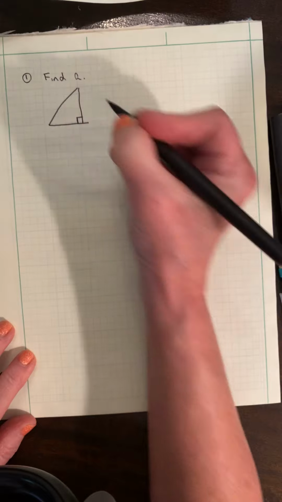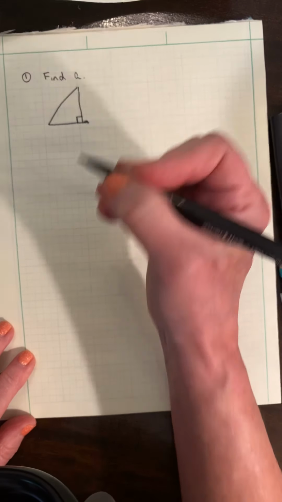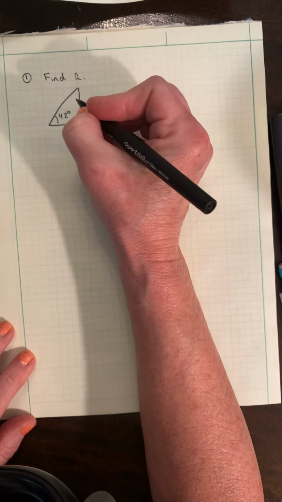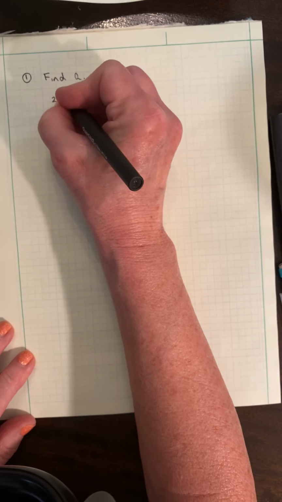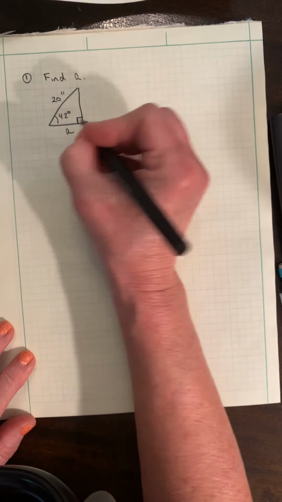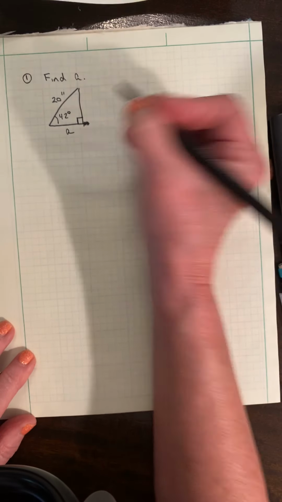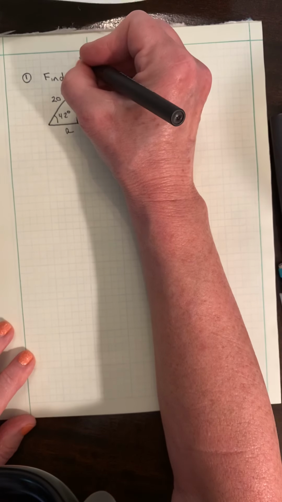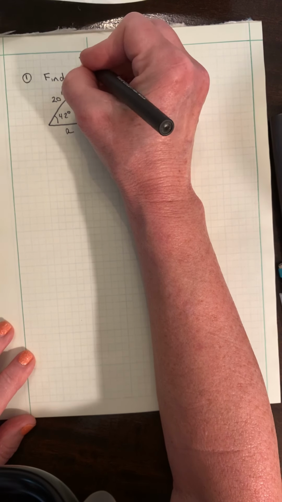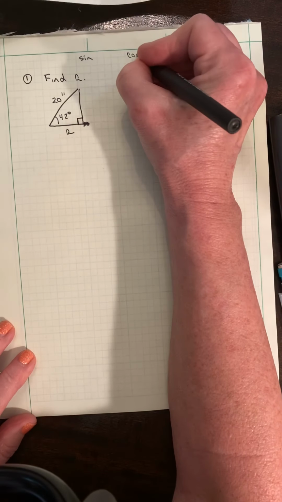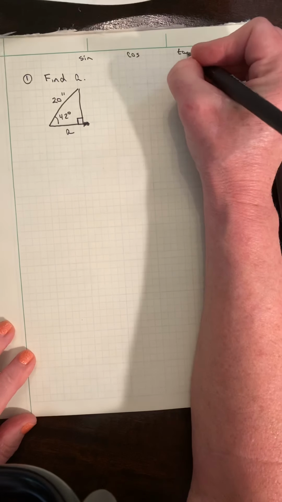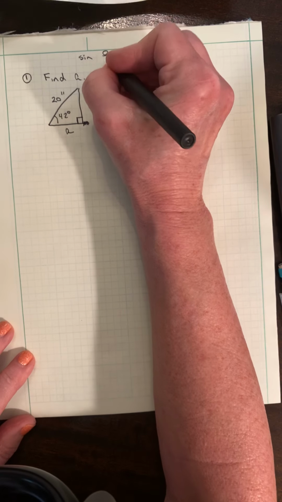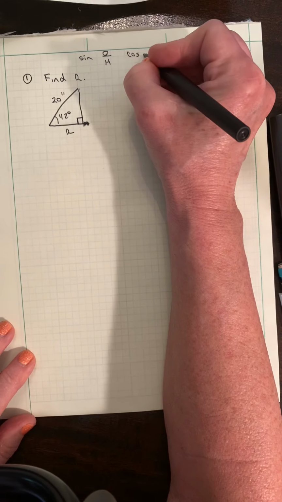This is a right angle. This is 42 degrees, this is 20 inches, and I want to know this side here. Okay, we're going to use one of our trig functions. Remember, we had sine, cosine, and tan, and sine was opposite over hypotenuse.